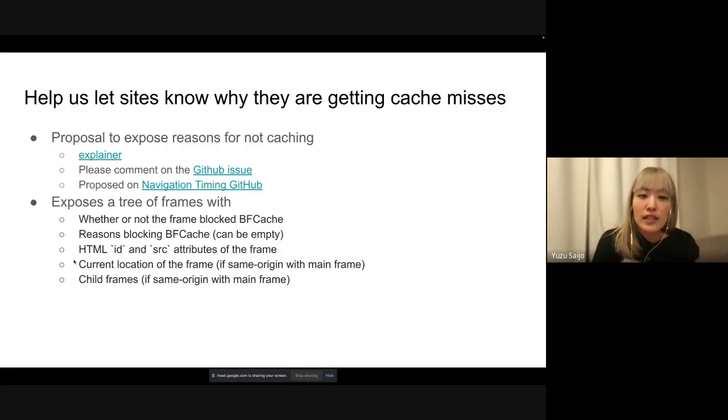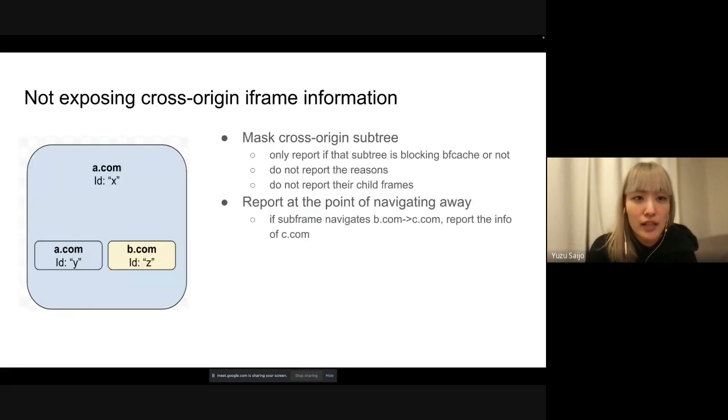Also the HTML ID and source attribute of the frame, so that web authors can identify the frame it's talking about, and the current location of the frame and the child frames. Those last two items are only exposed if the frame is same-origin with the main frame. I'm going to explain it more in the next slide.